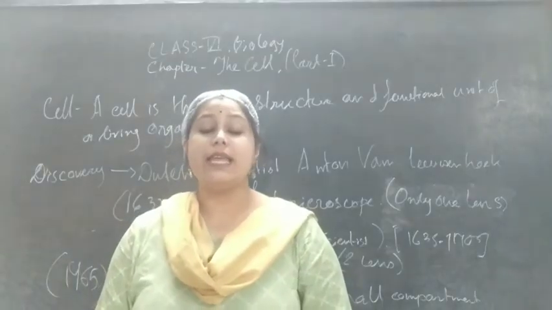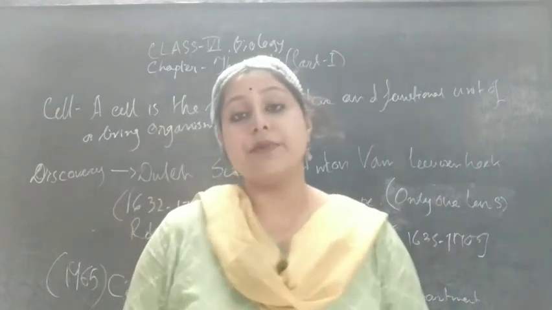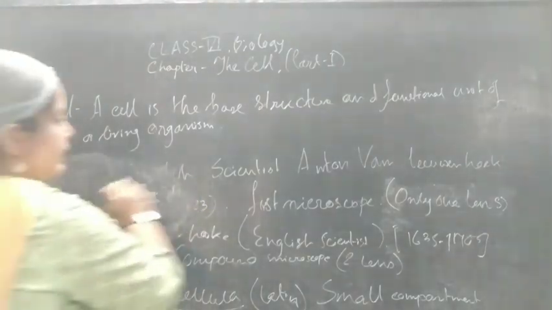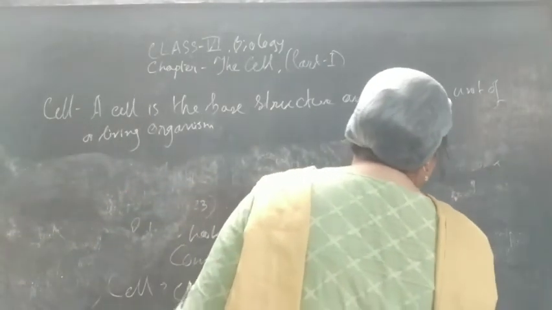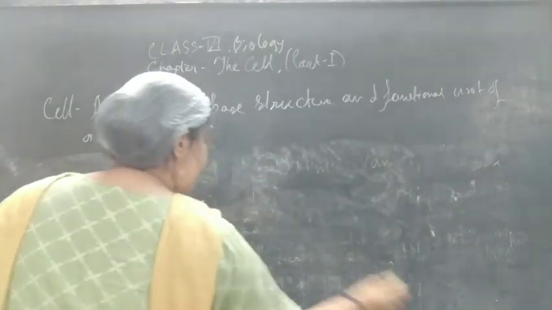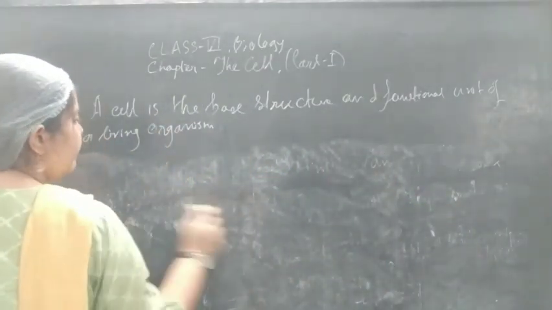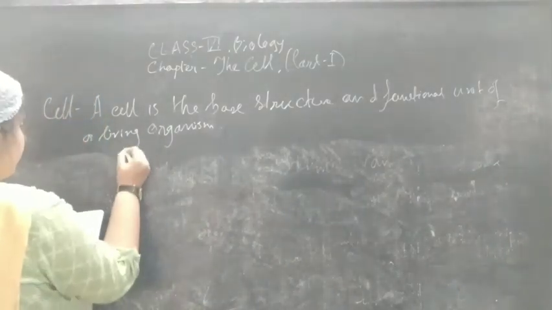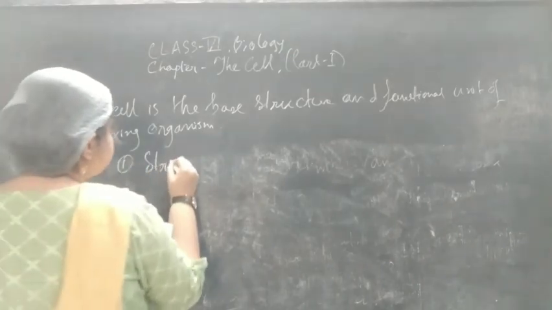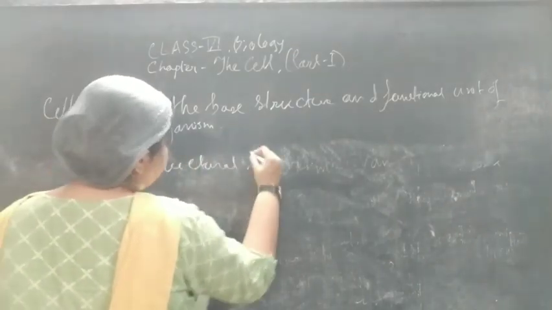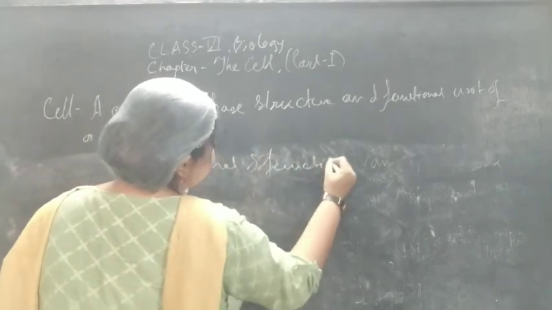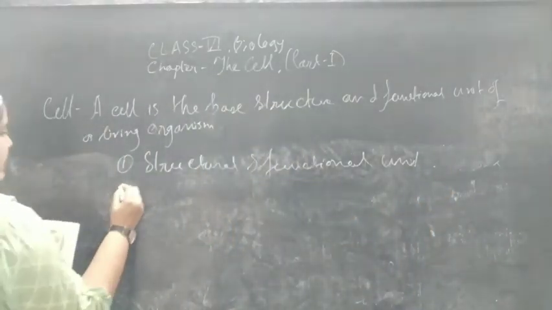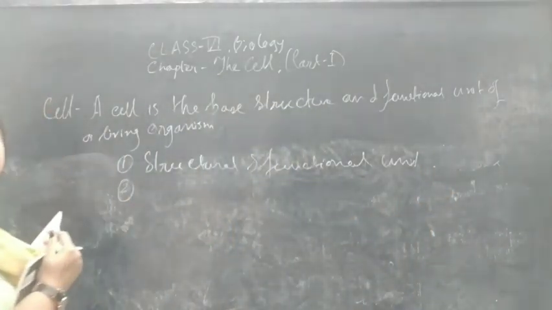The cell is called the basic primary part of life. There are some points. I am just erasing this part and will write here. The cell is called the basic primary part of life because it is the structural and functional unit. Secondly, it has an independent existence.